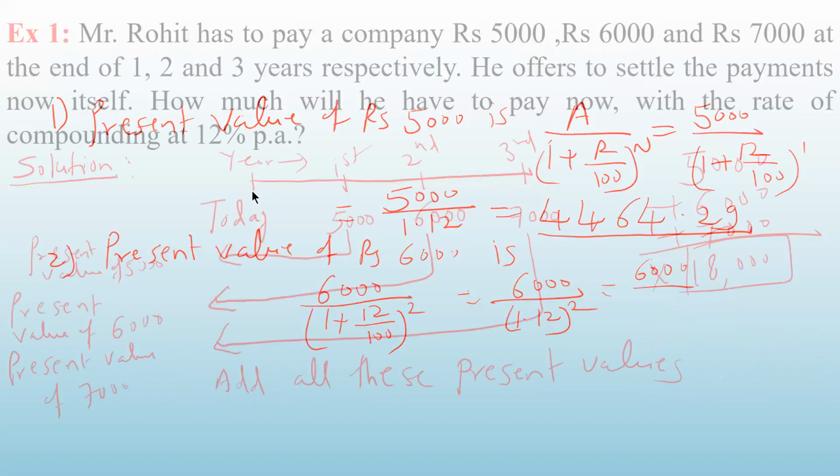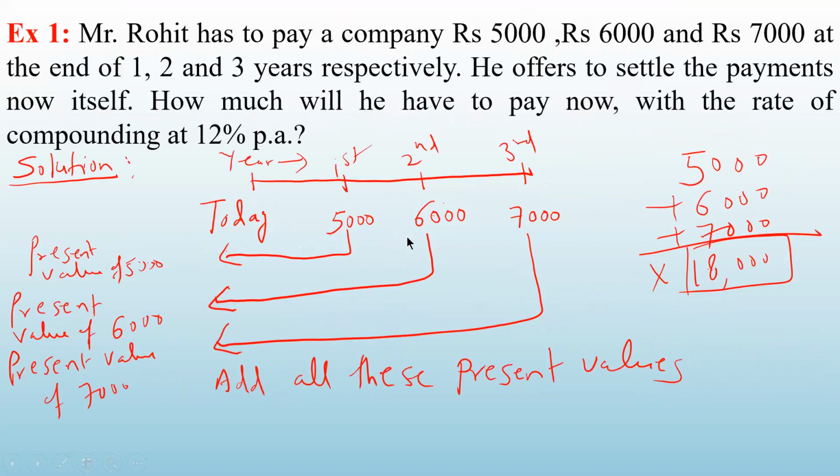Look at here. Instead of paying 5000, 6000, and 7000 at the end of first, second, and third year, if he wants to settle today, how much amount after adding all these present values is he getting? 14,229.91.